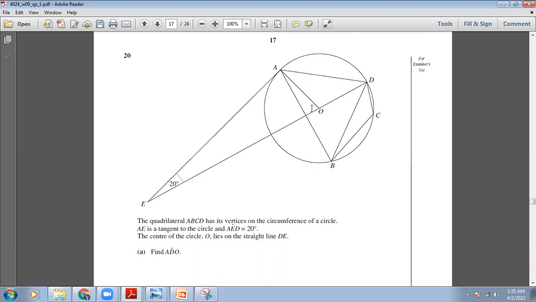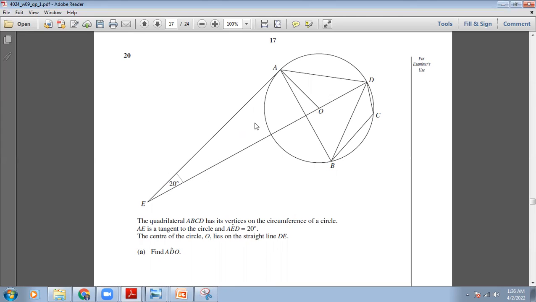So first of all, I will find this angle and its half will be this angle. The angle EAO will be 90 because the tangent and the radius are perpendicular to each other. So if I know this angle and this angle, very easily I can find the AOE angle, because the sum of the angles of a triangle is 180.